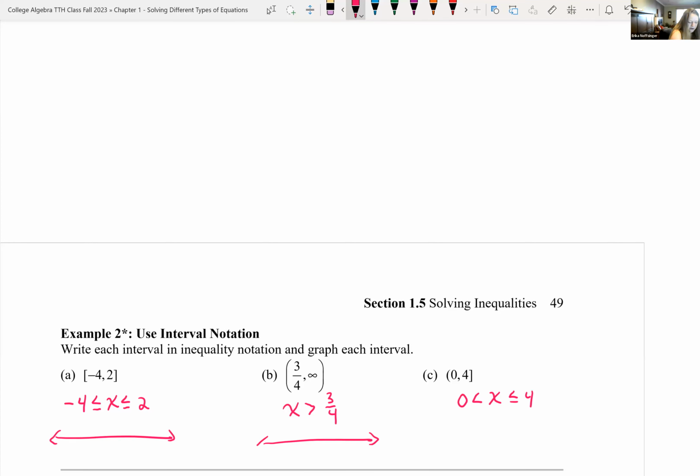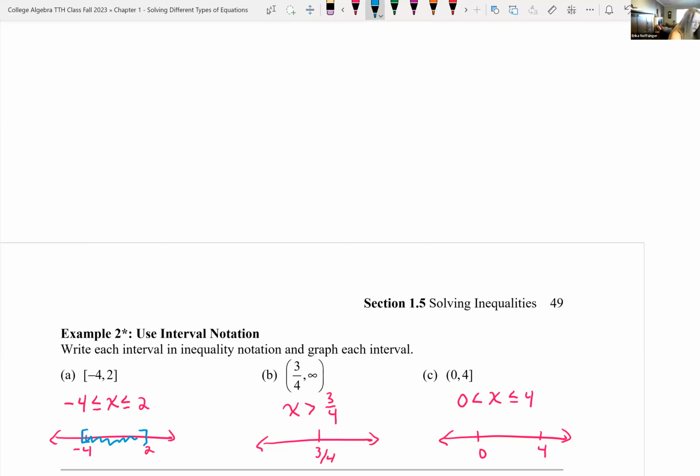Going ahead and graphing these. Okay, so -4 is less than or equal to x is less than or equal to 2. So we're shading everything in between -4 and 2.